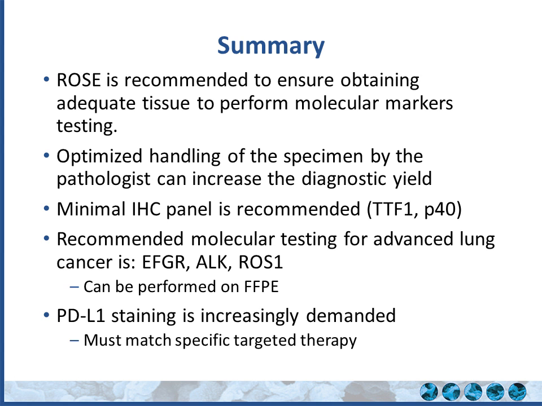Or no IHC at all if the clinical picture is a very obvious lung primary. The recommended molecular panel, as I mentioned, EGFR, ALK, and ROS1. The extended panel that Dr. Wahidi showed in the last slide of his presentation can be performed, but most of those other mutations are only associated with clinical trial drugs. And then PD-L1 staining is increasingly demanded, but as I said, you must match the stain with the specific targeted therapy.